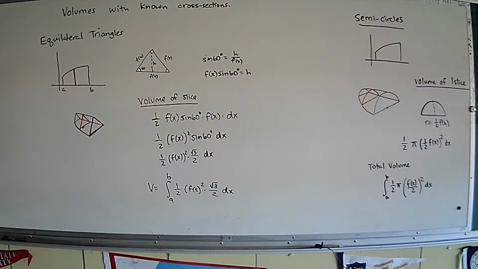Now, if you were to clean that up, you would end up with pi over 8. It turns out that total volume is the same as the square, except it's multiplied by pi over 8. Like the very first example that we did. Do you see why?